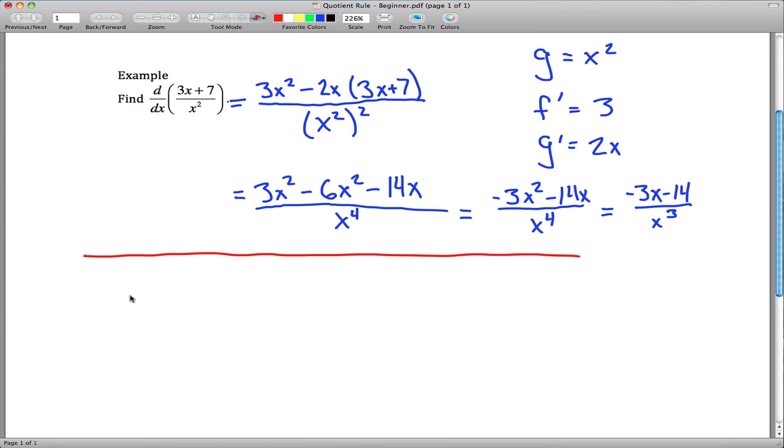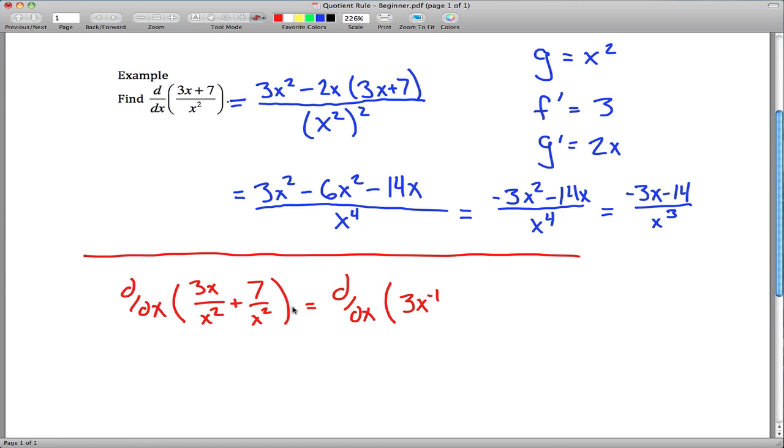And what I mean by that is another way to think about this problem is 3x plus 7 over x squared is the same as 3x over x squared plus 7 over x squared, which, if we cancel out an x here and here, we have 3 over x, which we could write as 3x to the negative 1 power. And over here we have 7 over x squared, so 7x to the negative 2.